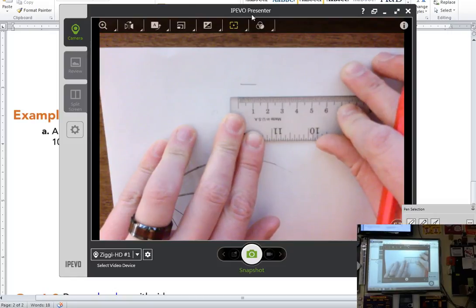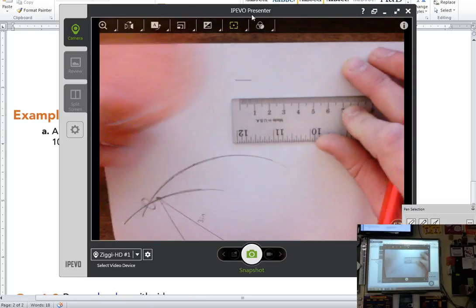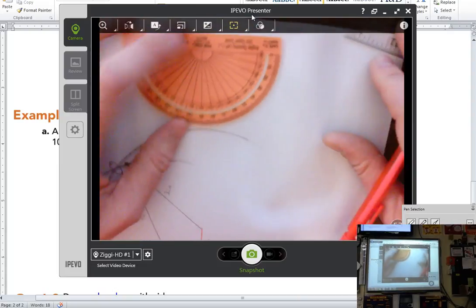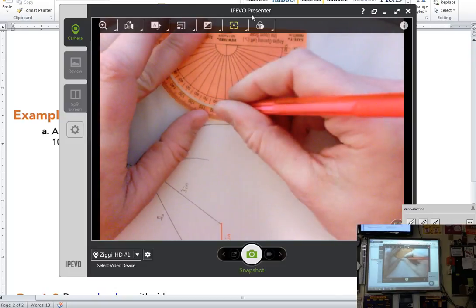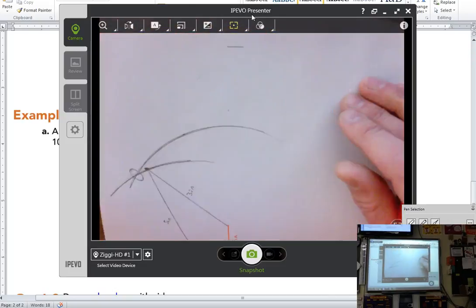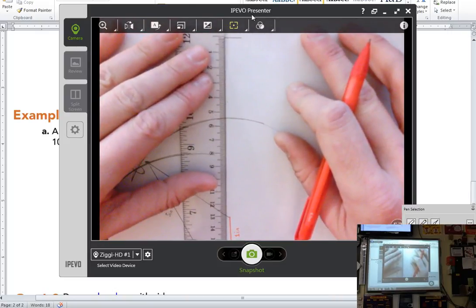Or sorry, I can use my protractor to set up a 90-degree angle. So off the end point, I could line up my T and mark where the 90 is. And now I'm lined up to make my line, even though it won't go that far.